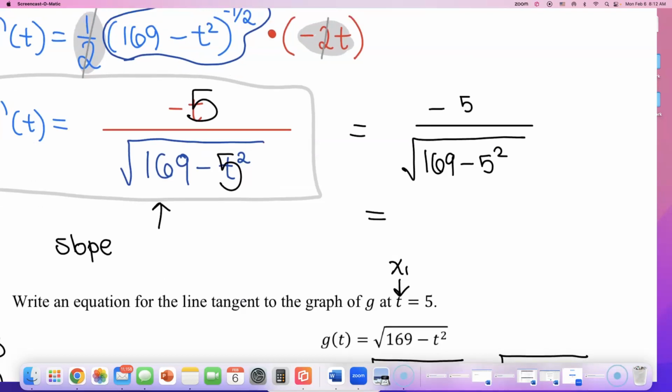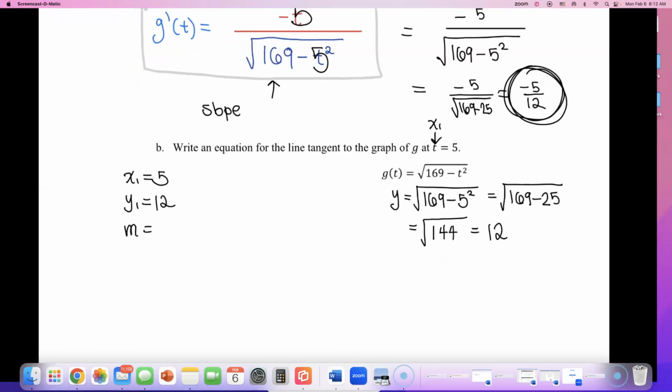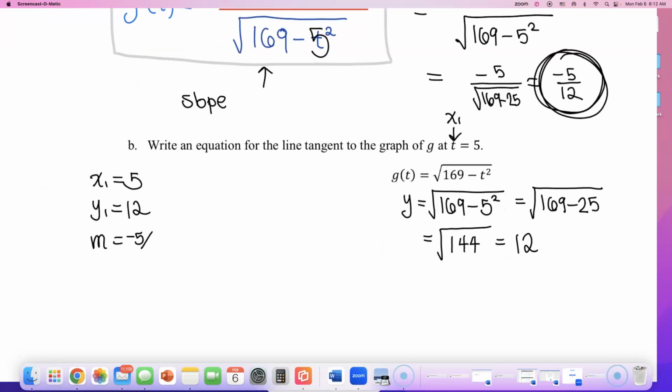The denominator looks very familiar, doesn't it? I'm going to get 169 minus 25. We've done that down here. The denominator will give us 12, because we did that just now. So the bottom of the fraction for the slope is 12. So here's the slope. Slope is -5 over 12.